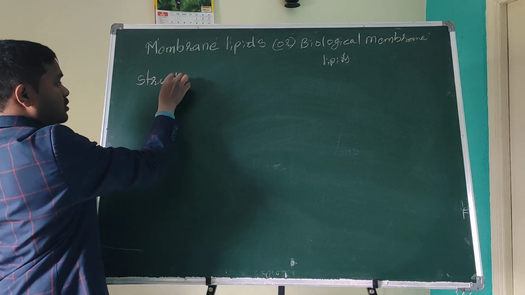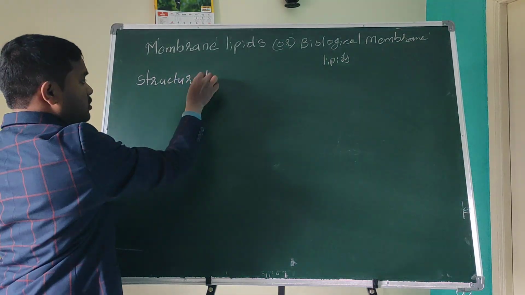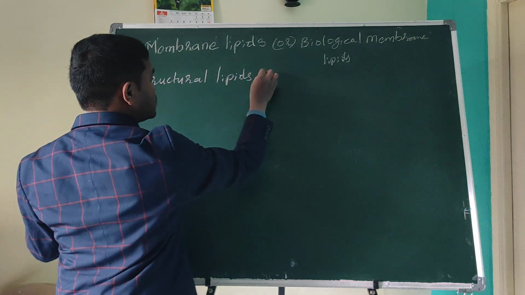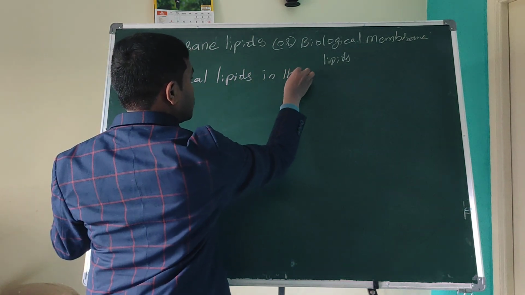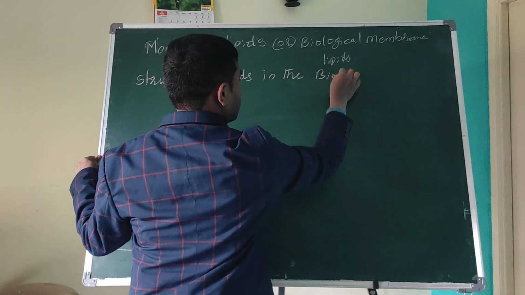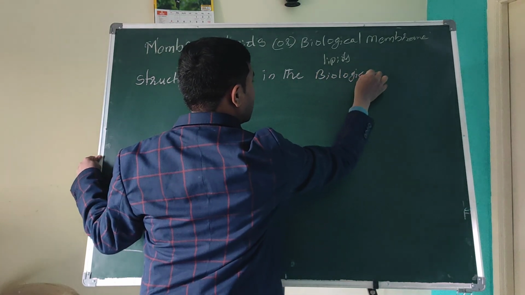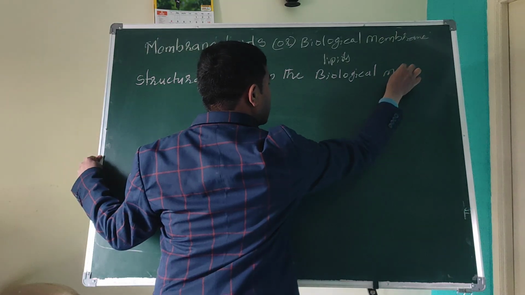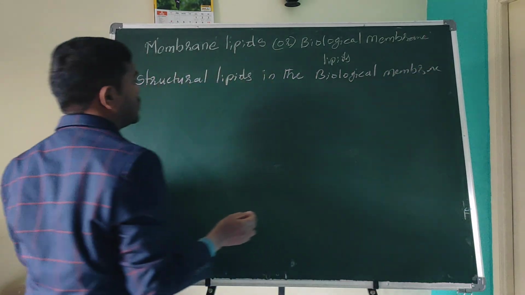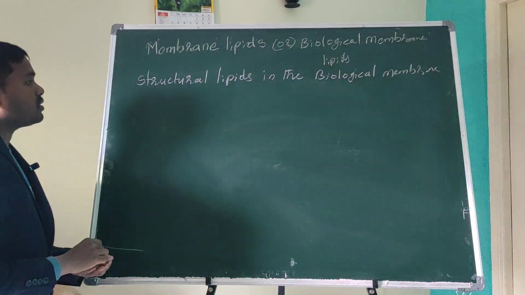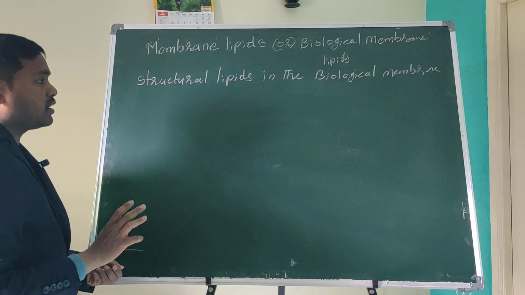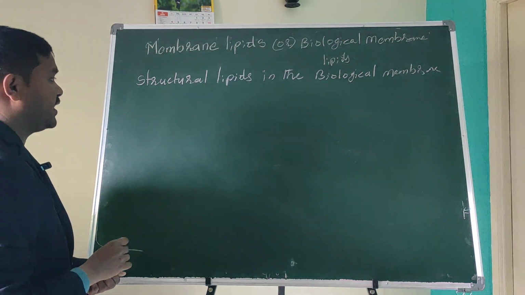Structural lipids in the biological membrane. The structural lipids are divided into five types.